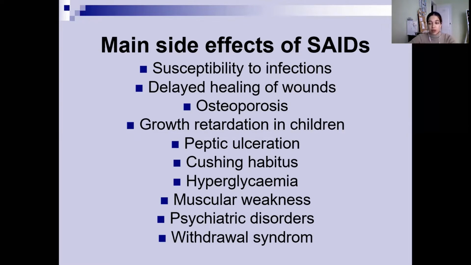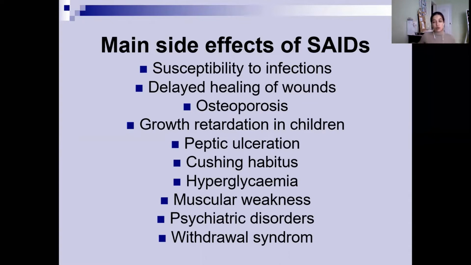That's why the fibrotic fiber will be less generated. Osteoporosis also can be the side effect. Growth reduction, retardation in children. Peptic ulcers, again with the same mechanism, because less prostaglandins for producing the protective mucus.